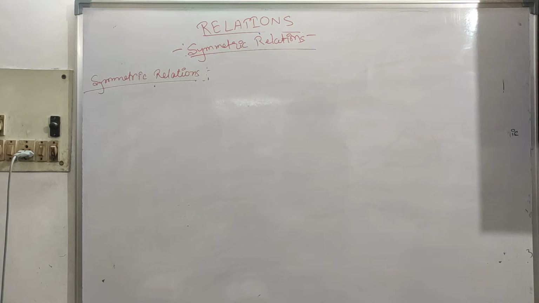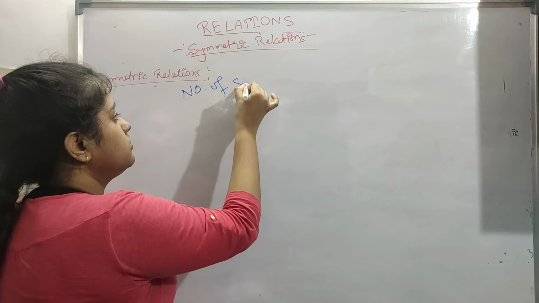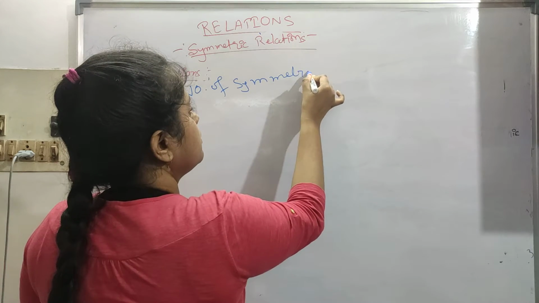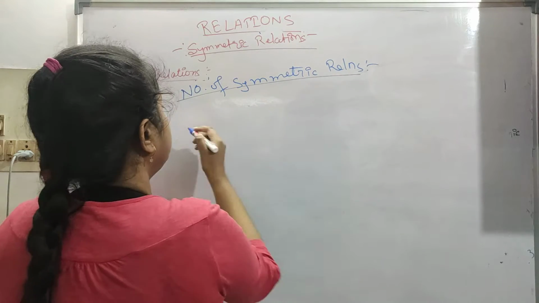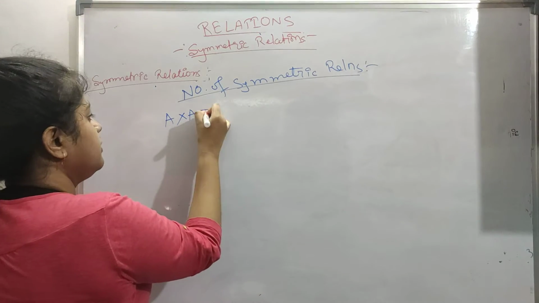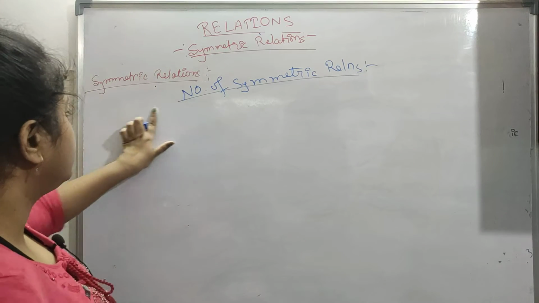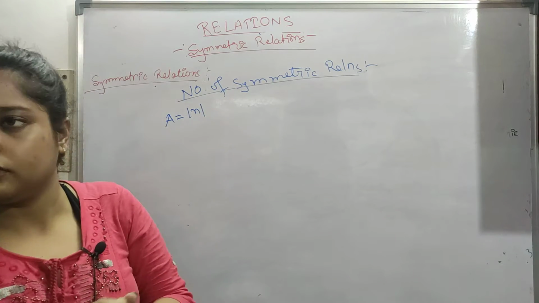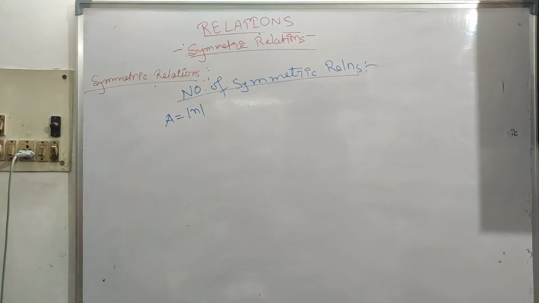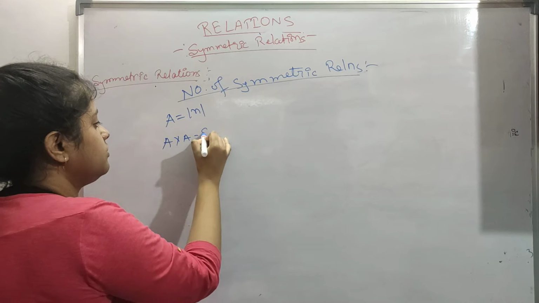Next is the number of symmetric relations. So we know that A cross A is consisting of, let's say A is of size n. Then A cross A will contain like this. We have done this previously also.